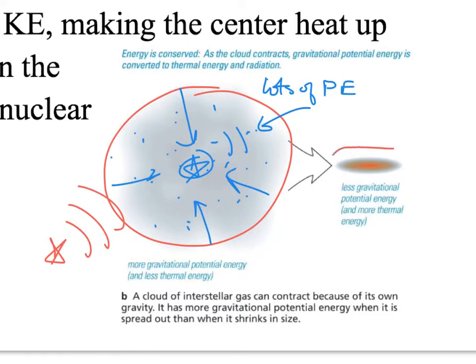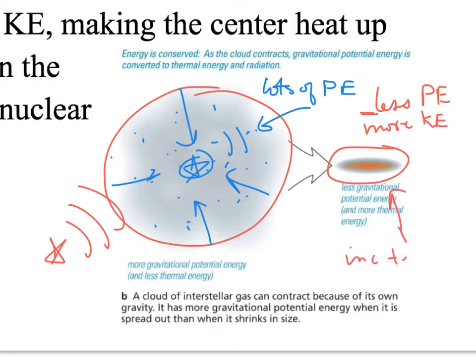As it became smaller, it has less gravitational potential energy now. What we found is that that energy needs to be converted to more kinetic energy, just like we saw a minute ago with the ball falling down. So here we have more kinetic energy.